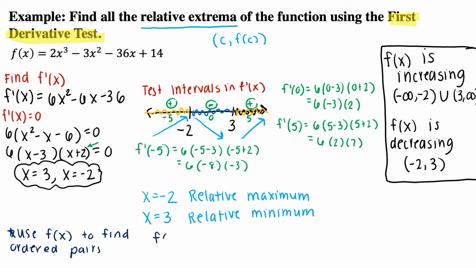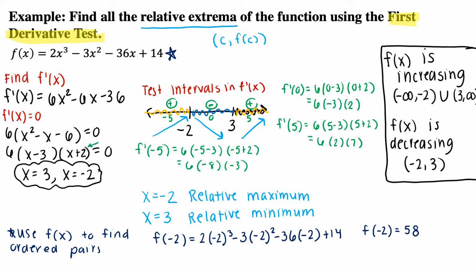So we want to investigate f of -2, going back up to our original function. F of -2 would be 2 times -2 cubed minus 3 times -2 squared minus 36 times -2 plus 14. So we get f of -2 equals 58.